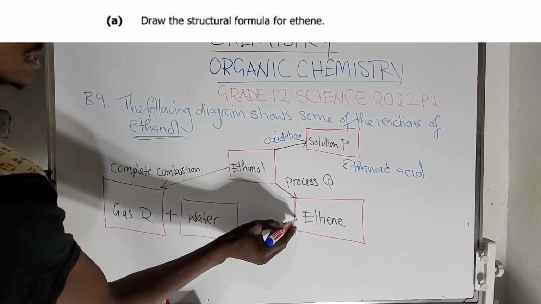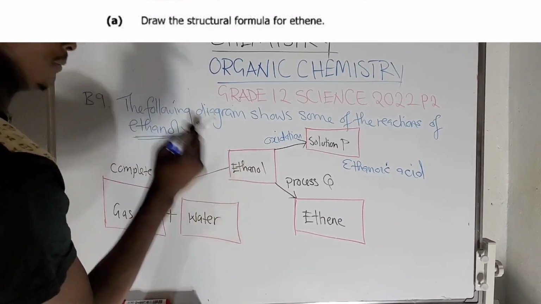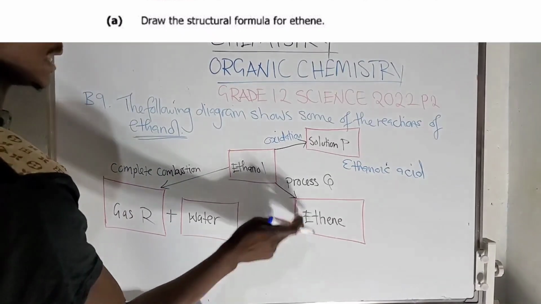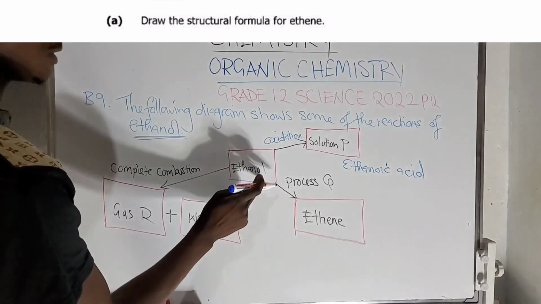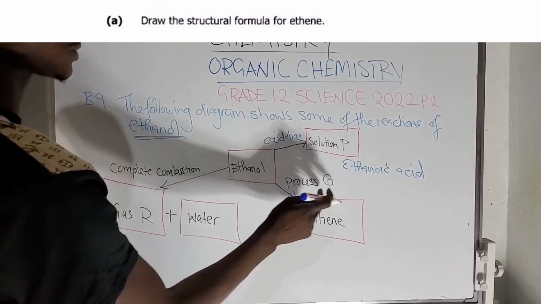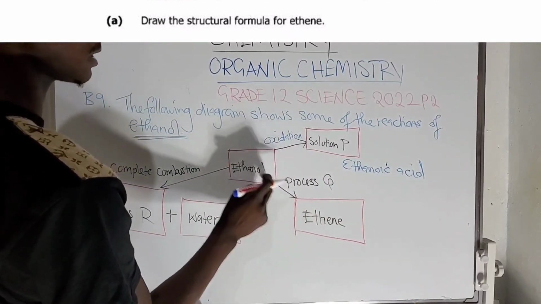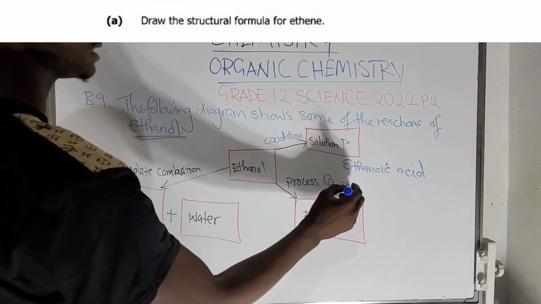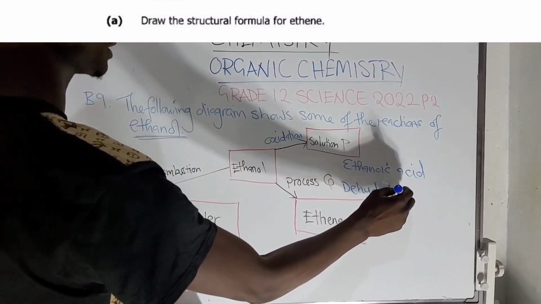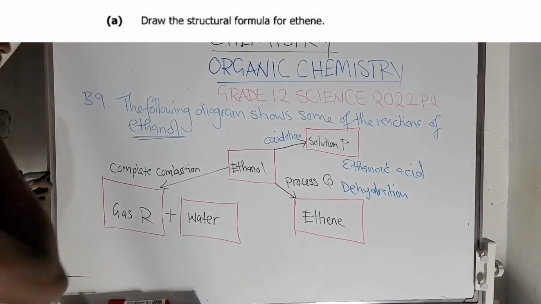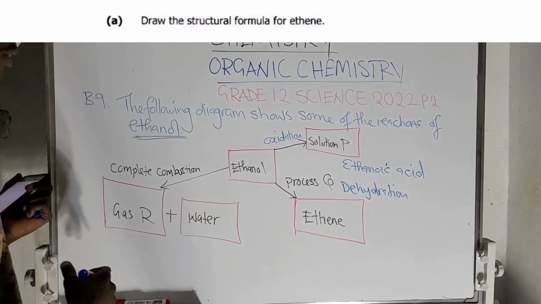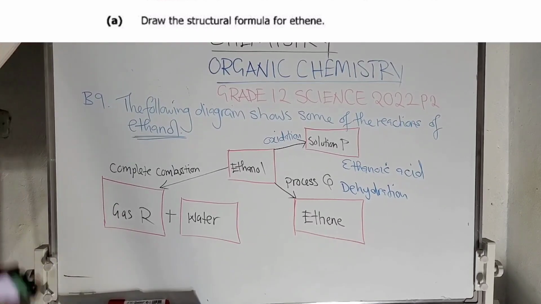So from ethene to ethanol is hydration. Now, when water is removed from ethanol it is dehydration. So this process from ethanol to ethene is dehydration. Okay? Now, ethanol can also undergo combustion. Okay?